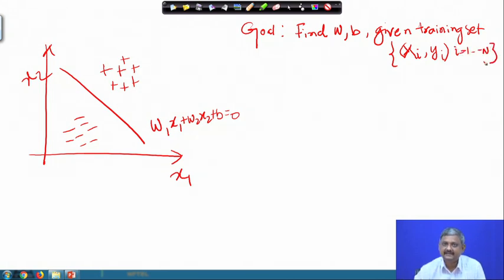Given the training set, find w and b. What I did, I said that it has to satisfy two conditions: maximize margin and linearly separate.